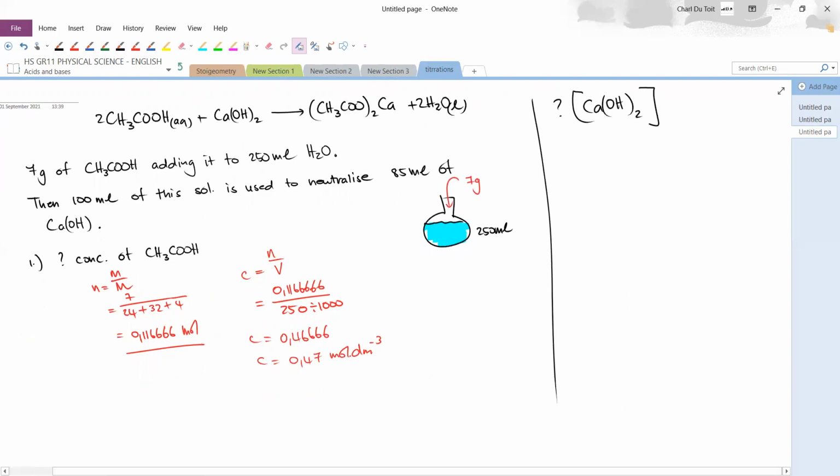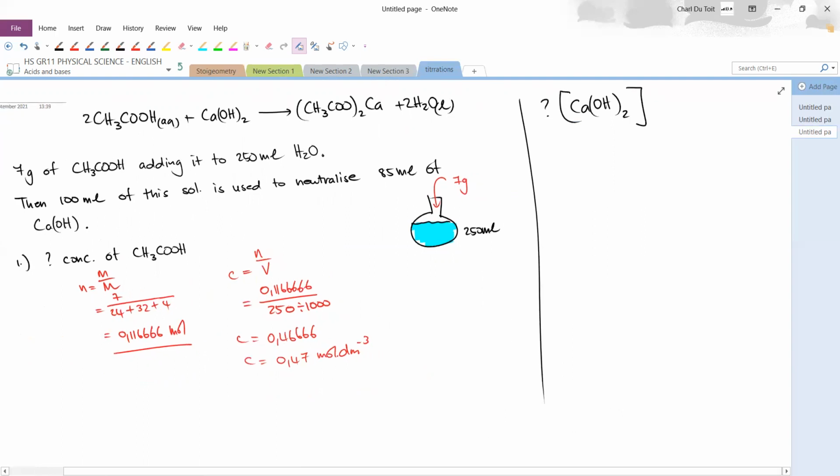We're trying to find the concentration of calcium hydroxide, right? I'm looking at the mole ratio, which is 1:1.